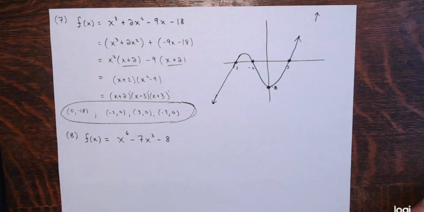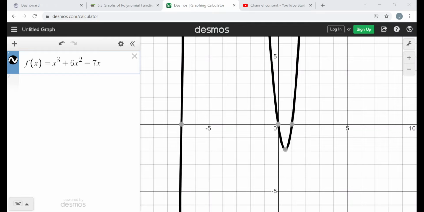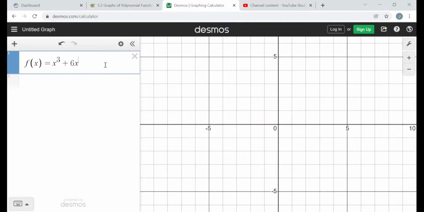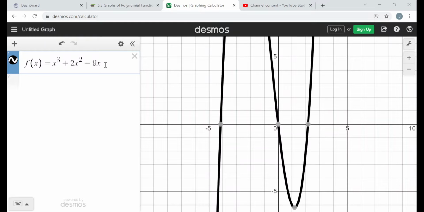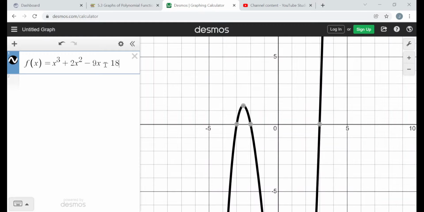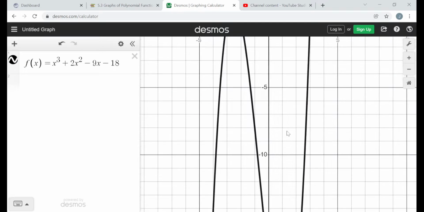And let's just verify these once again. So the function this time was x cubed plus 2x squared minus 9x minus 18. All right, and you're seeing negative 3, 0, negative 2, 0, and 3, 0, and 0, negative 18.